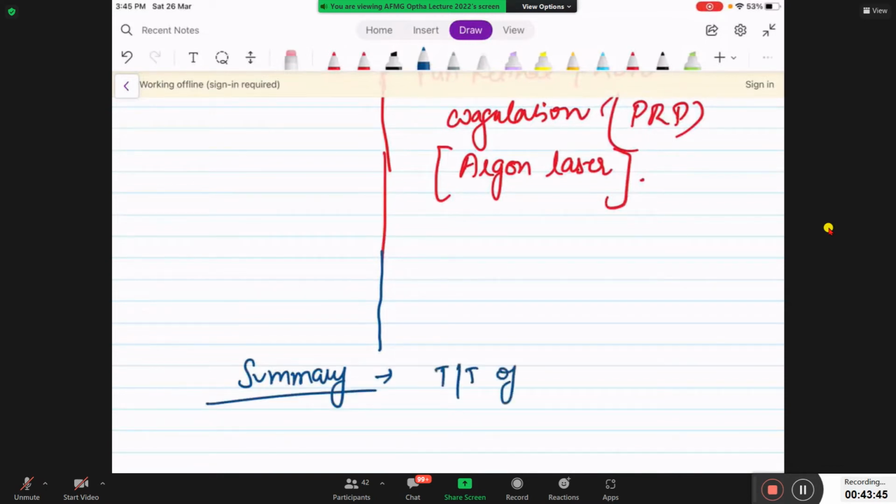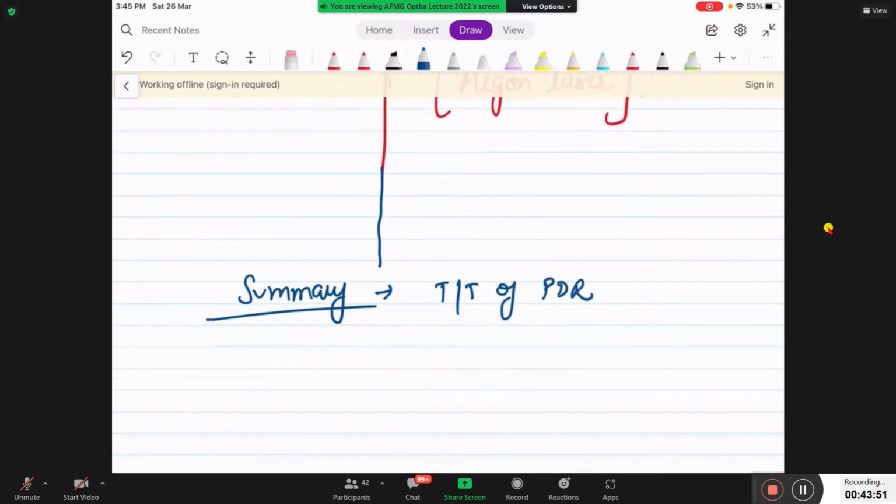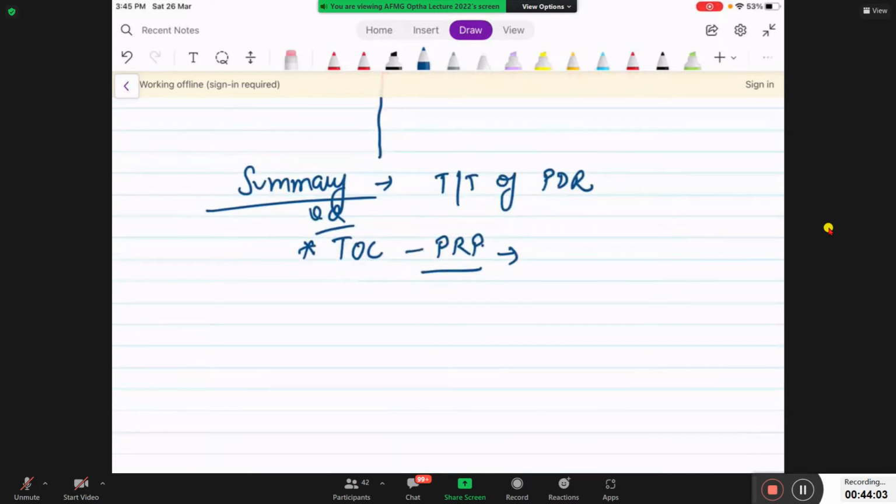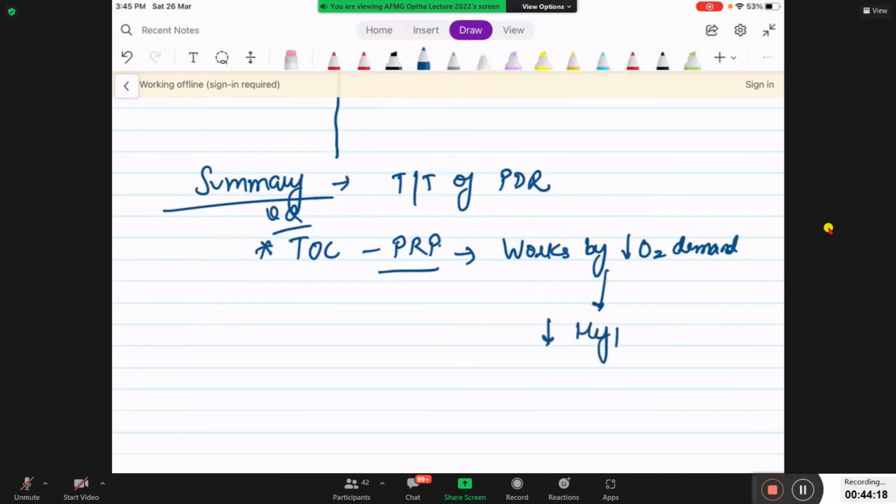Now write down the summary. Treatment of PDR. If they ask you the treatment of choice, the answer will be pan-retinal photocoagulation. PRP, pan-retinal photocoagulation, is the treatment of choice. It works by decreasing the oxygen demand, which in turn decreases the hypoxia, right?